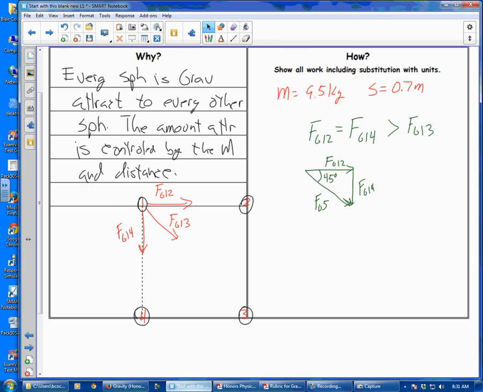And then FG13 is in that same direction. So if I can figure out the magnitude of FG5, I can just add that magnitude to the magnitude of FG13 and have my total force, right? So vectorially, once I combine FG12 and FG14, then I know I'm in a straight line and the mathematics becomes a little simpler, right? The vector math.